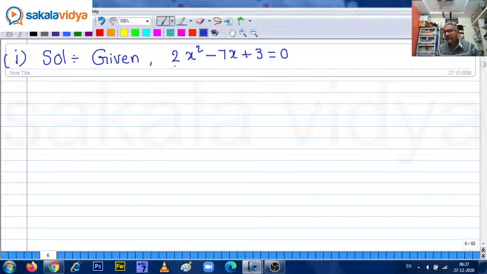How can you make x square coefficient unity? Dividing both sides by coefficient of x square, that is 2.